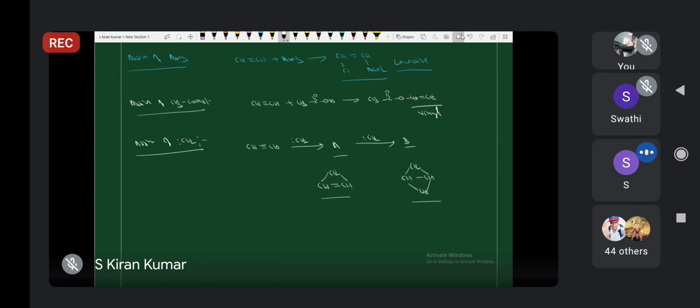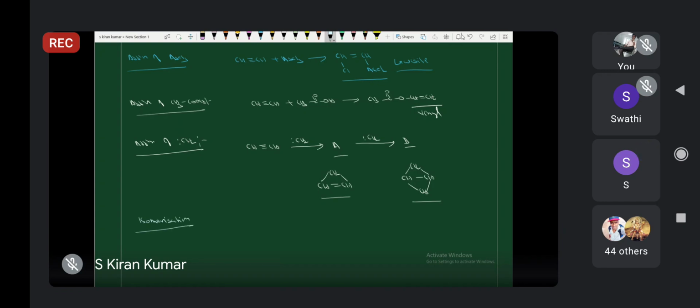Okay, next one, isomerization reactions of alkynes. Isomerization of alkynes. In isomerization there are two types of reactions.